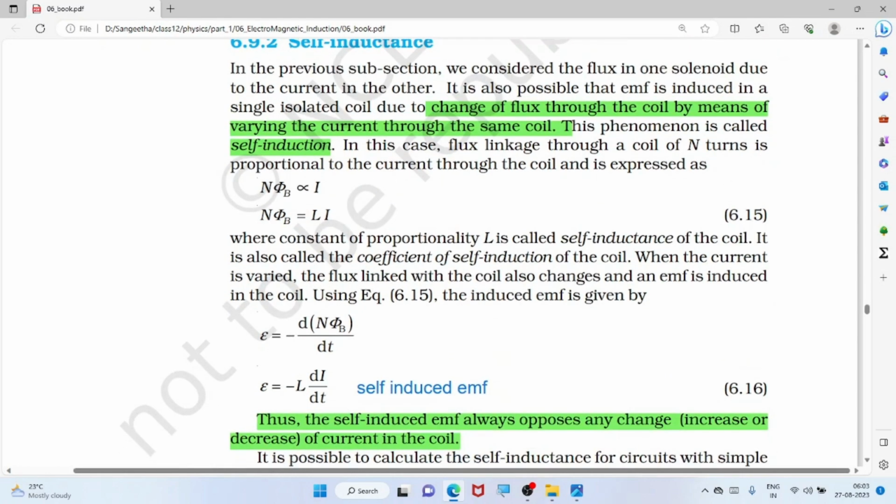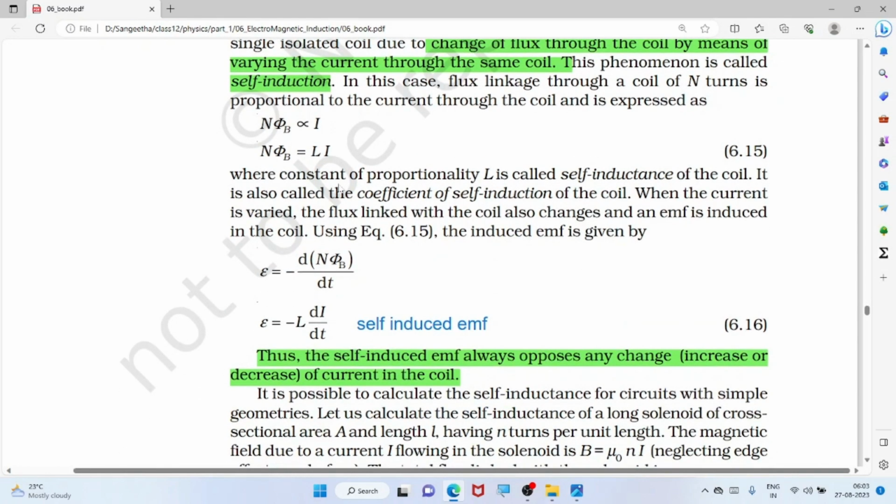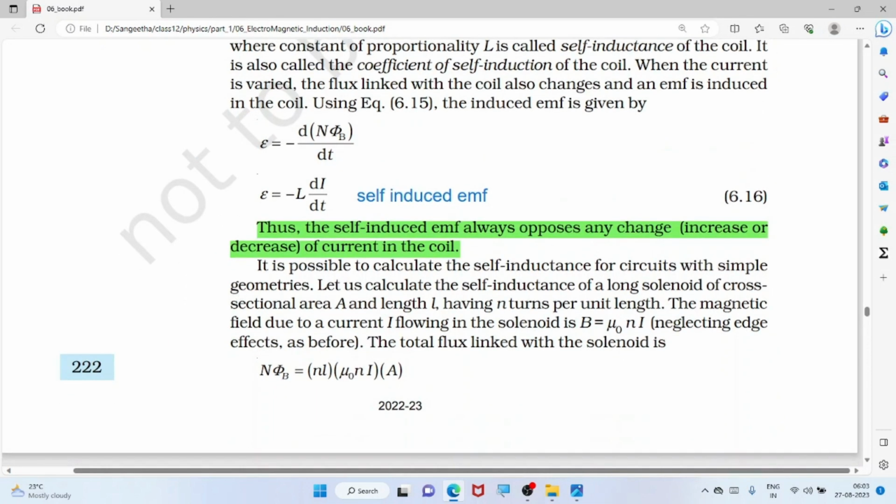So this is also called back EMF. This is L into di by dt, where this L is a constant. The self-induced EMF will always oppose any change, increase or decrease, of the current in the coil.